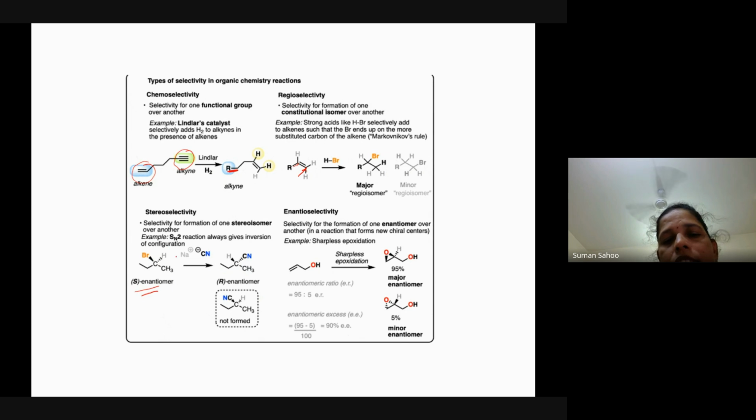This is a nucleophilic substitution reaction in SN2 mechanism, so that is stereoselective. Another one is enantioselectivity. Suppose in this reaction, when we are doing epoxidation, we can get two enantiomers. One enantiomer we are getting in excess as compared to the other enantiomer. So this is known as enantioselectivity.